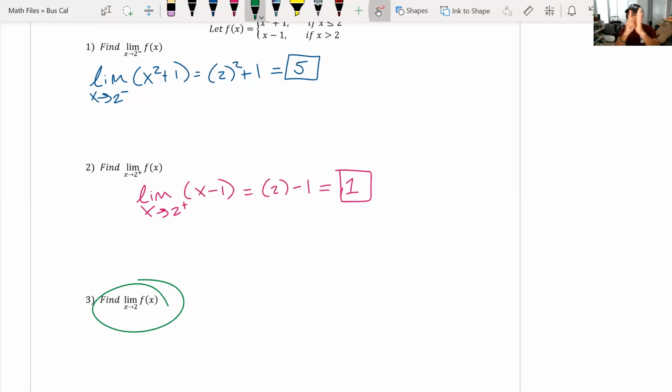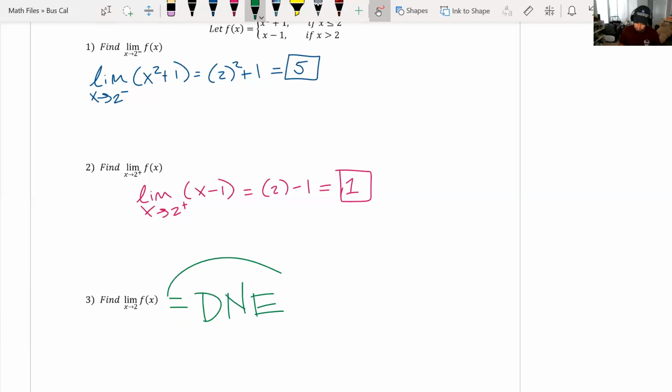Do those match? Does 5 equal 1? And the answer is no. Therefore, in the words of the great Lindsay Lohan from Mean Girls, the limit does not exist, because the left-hand limit is 5, the right-hand limit is 1, and they are not equal. Okay.